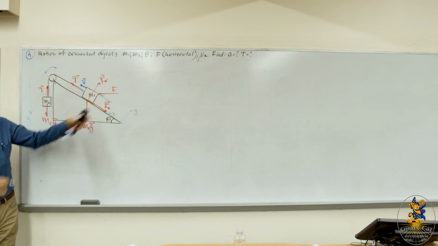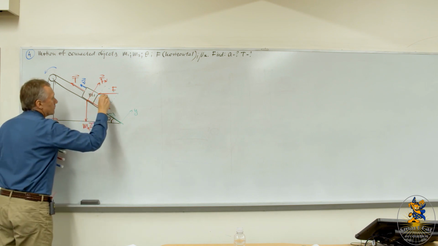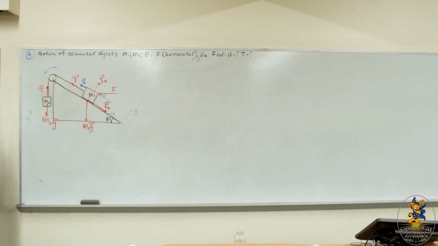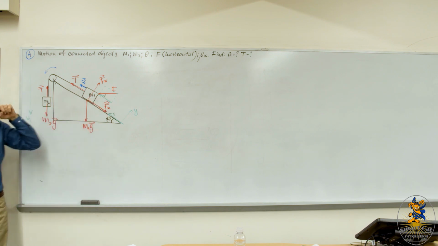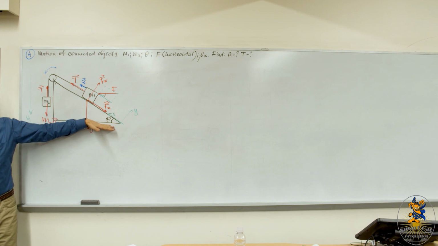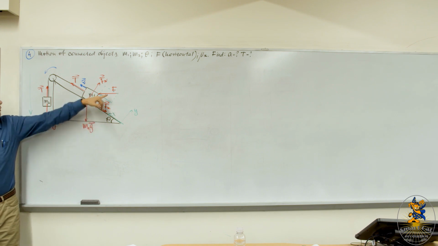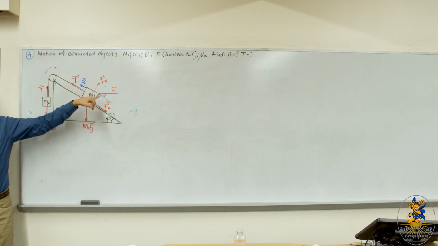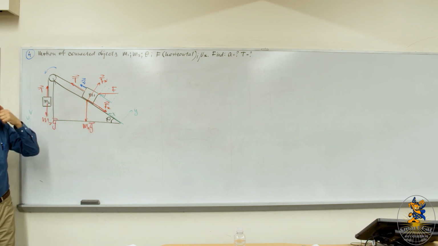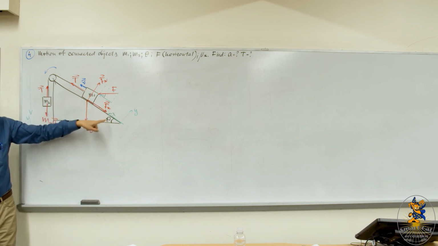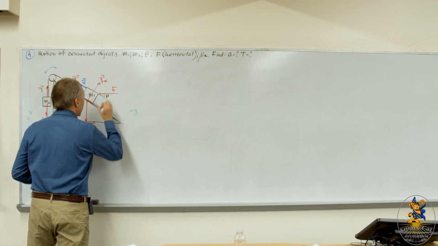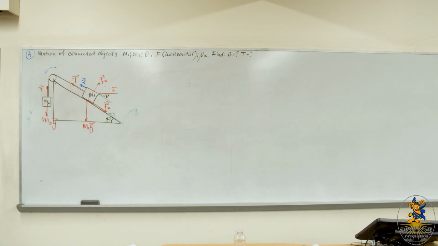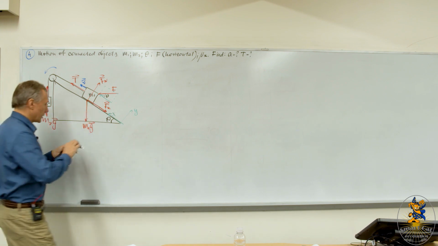What can you say about this angle? This angle and that angle are exactly the same. Why? Because the bottom of this inclined plane is horizontal, and the line of the force is also horizontal. As a result, this angle and that angle are exactly the same. So this is theta also.